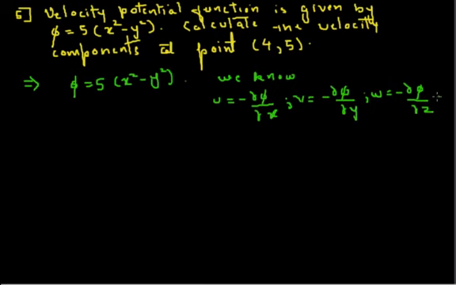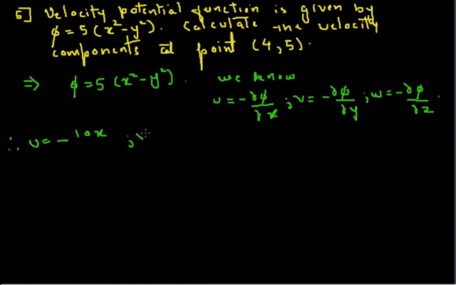Let's find out the u and v velocities. Therefore, u is equal to minus del phi by del x. So differentiating this phi with respect to x, we would get minus 10x.